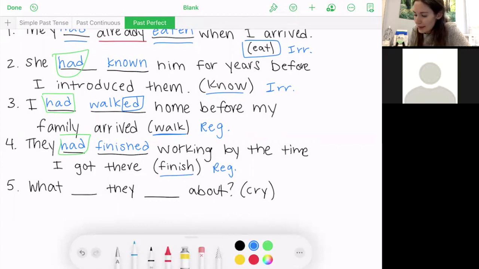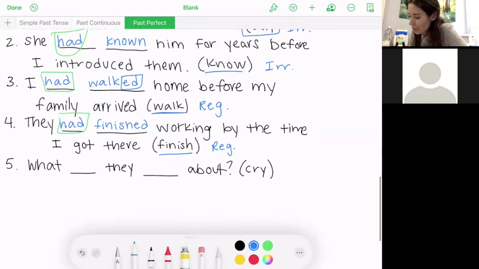What blank blank, what blank they blank about? So this is our question form, and we will split up our question form. Our word is cry. This is a regular verb, but here we're introducing the rule. Think back to our simple past tense. What did we do with words that ended in Y?